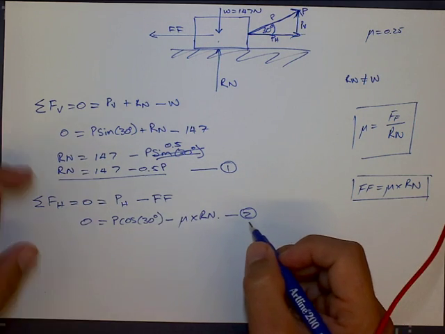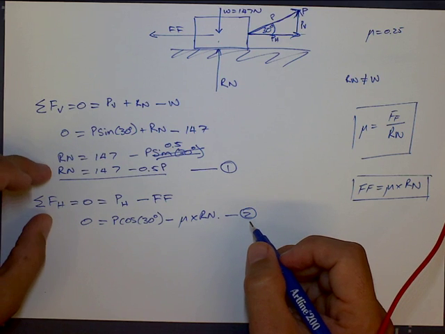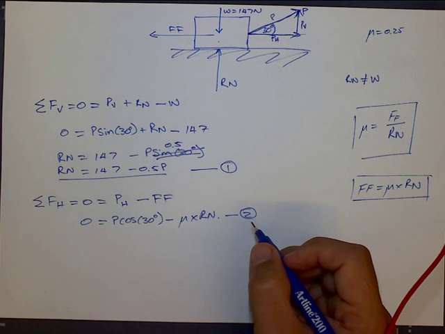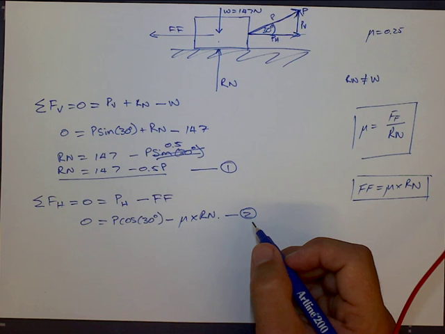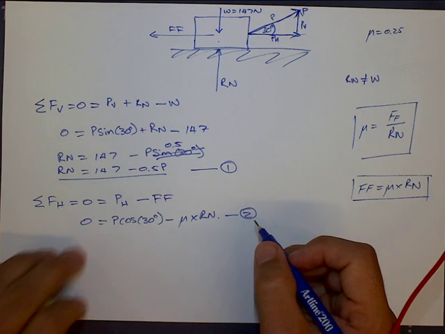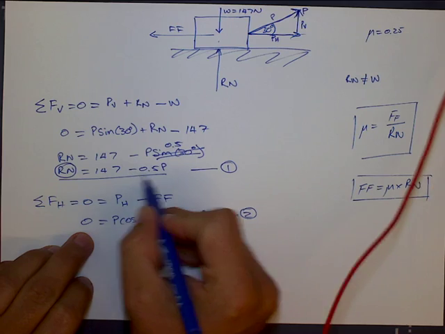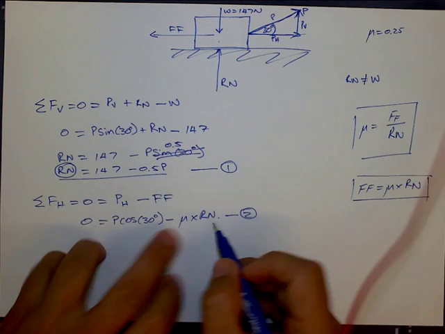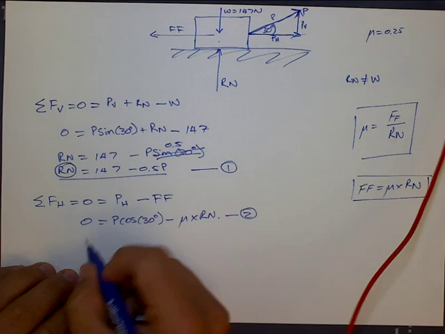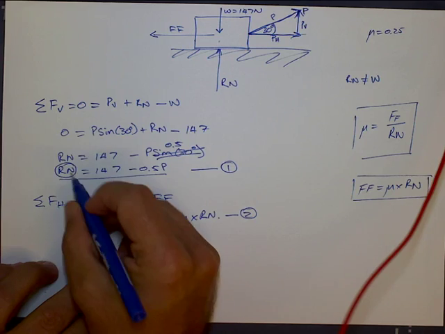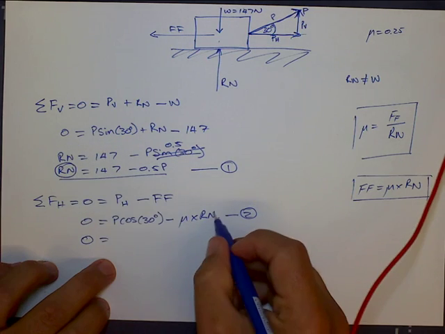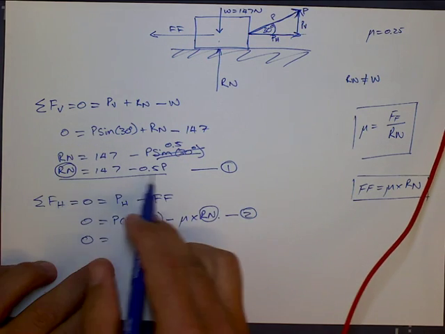What we can then do is substitute one unknown from here into this equation so that we've only got one unknown in the equation. So if Rn is equal to 147 minus 0.5P, I'm going to substitute that over here and replace the word Rn with what it's equal to.